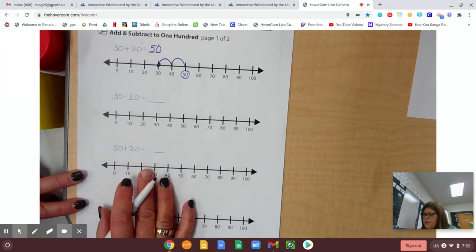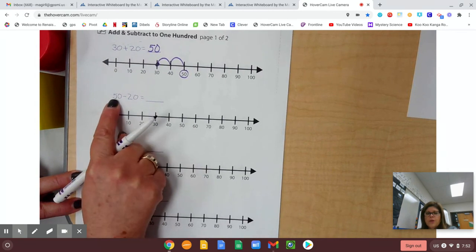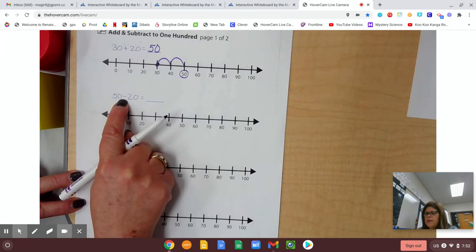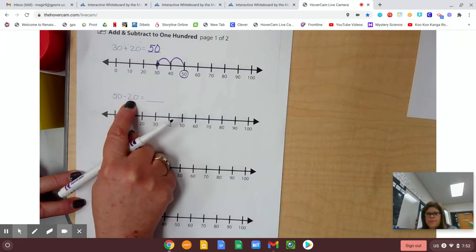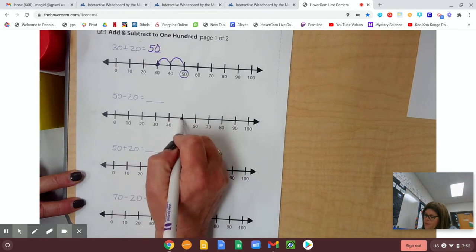Now on the next number line, above the number line, I want you to write this equation. Write 50, take away or subtract 20 equals. And so basically we're going to start on 50, and I put my marker.